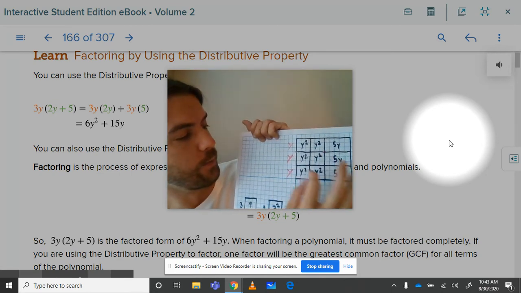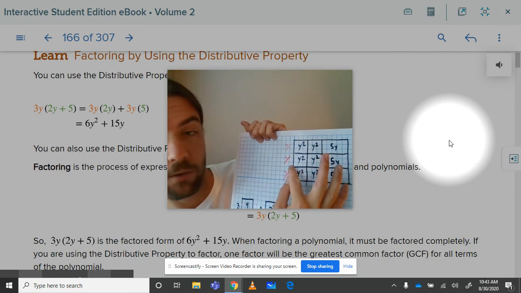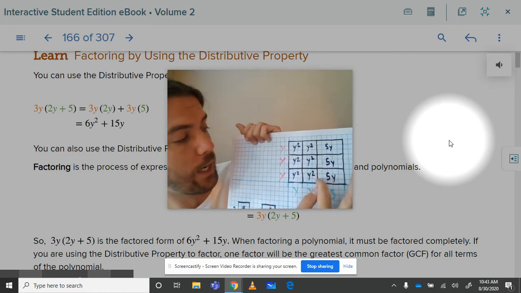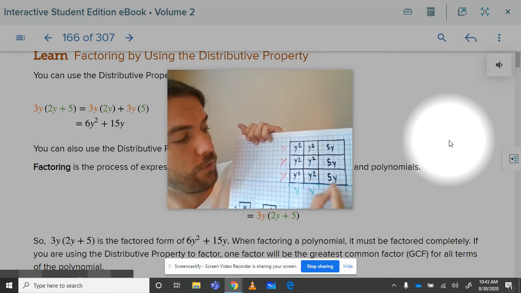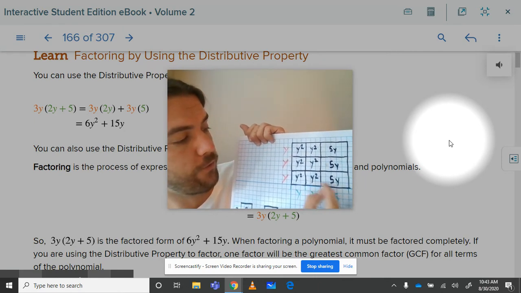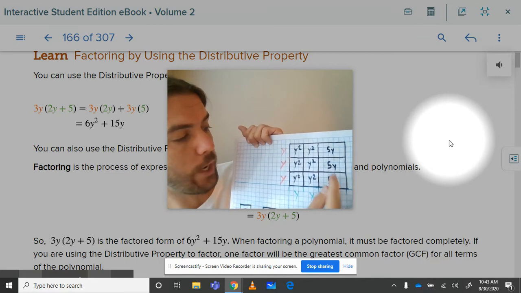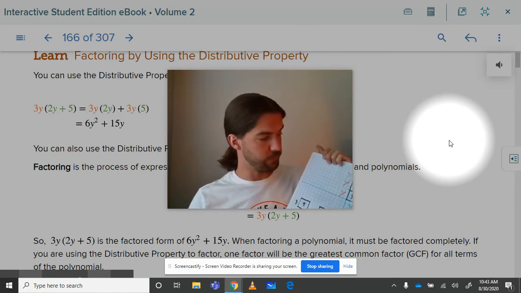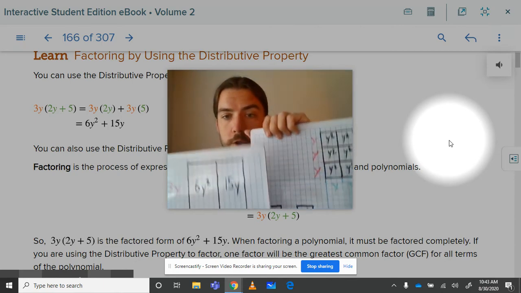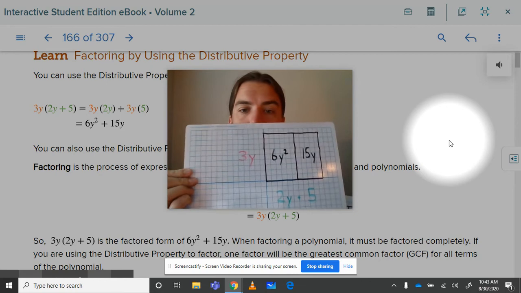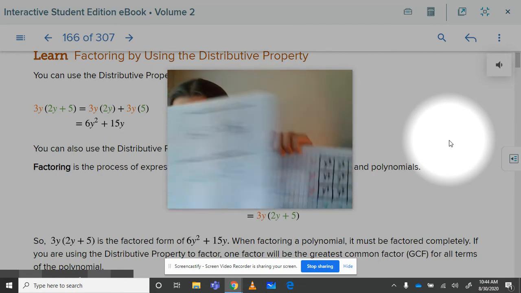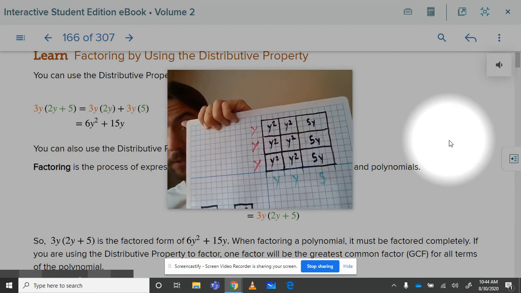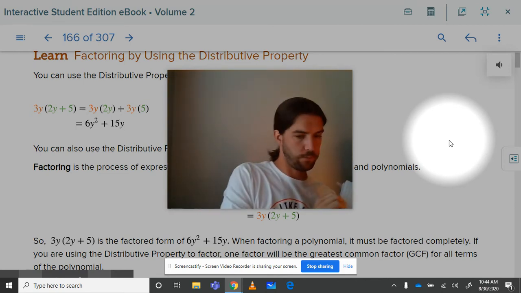Let me say that one more time. This length, which you can see is 3, is what we're calling y. So we have y height, 5 across, so we have 5 heights of y there, 5y. We get that 3 times, which gives us our 15y. So these two pictures are showing the same thing. This one's just breaking it down a little bit more simply.